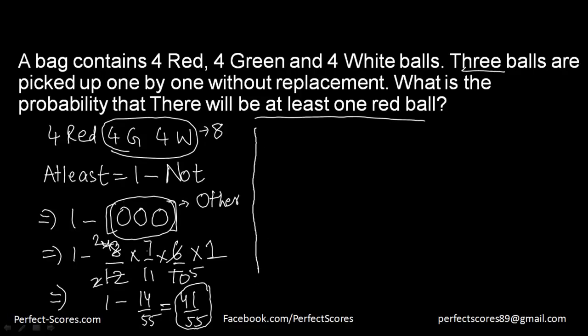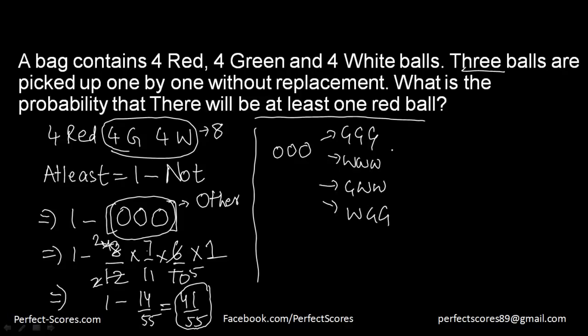Now you know what? This other can very well be all 3 greens. It could very well be all 3 whites. It could very well be 1 green and 2 white. It could very well be 1 white and 2 green. How am I able to club all these things into this? Well, I give you one small exercise.